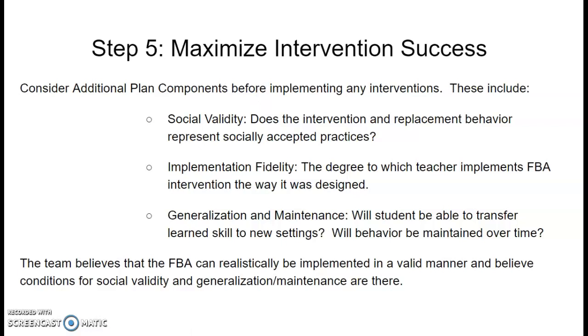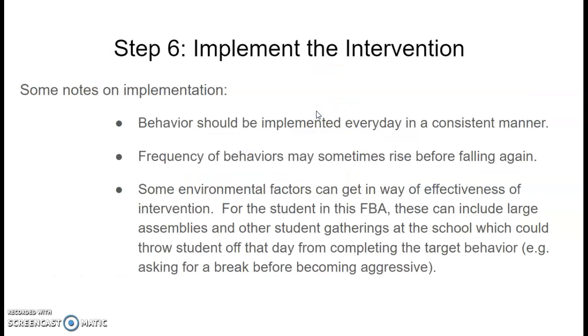Step 5, we want to maximize intervention success, so look at things such as social validity, implementation fidelity, generalization and maintenance. In this particular case, this team believes that the FBA can realistically be implemented in such a manner. Step 6, implement the intervention.